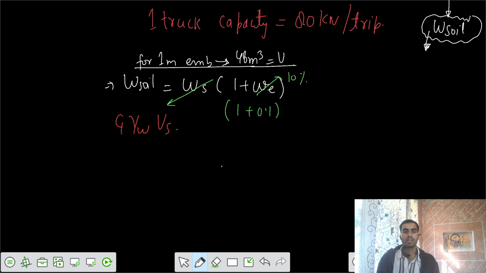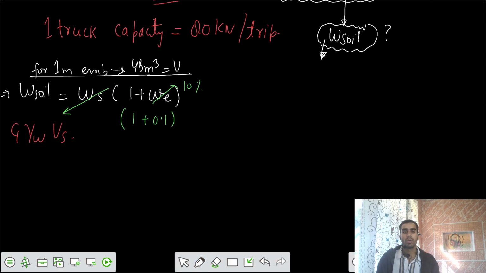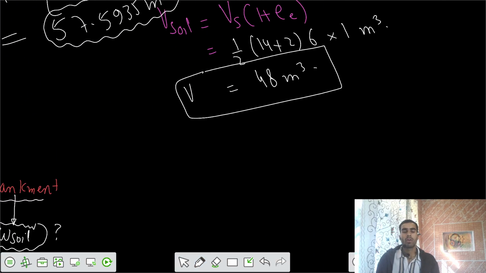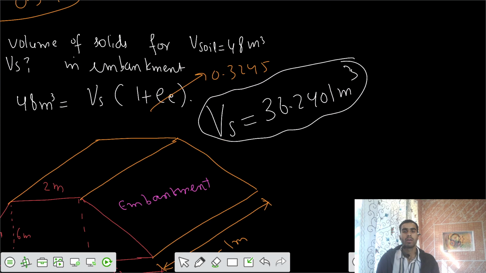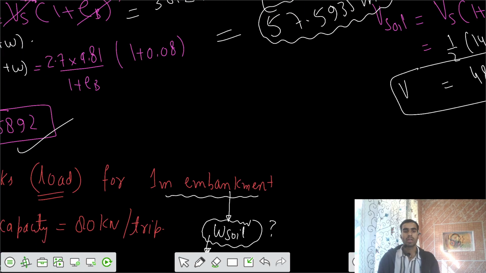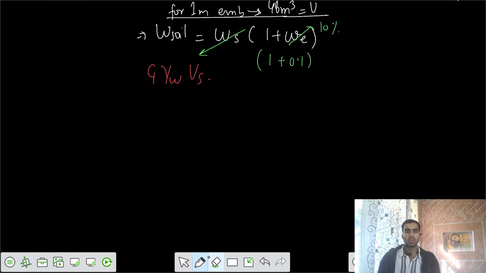Weight of solids is G gamma W Vs, and Vs I already know for 1 meter embankment. How much weight of solids we have to calculate? This was the volume of solids we have to take: 36.2401. So let's substitute those values here. I would write 36.2401 meter cube of volume of solids into the specific gravity of 2.7 into gamma water of 9.81, in kilonewton per meter cube.